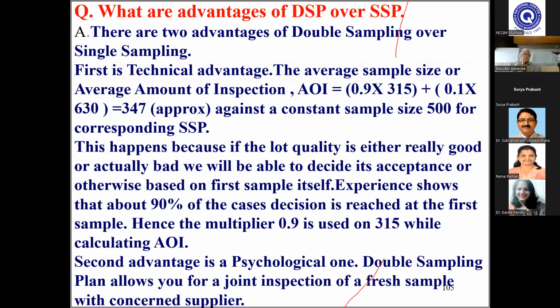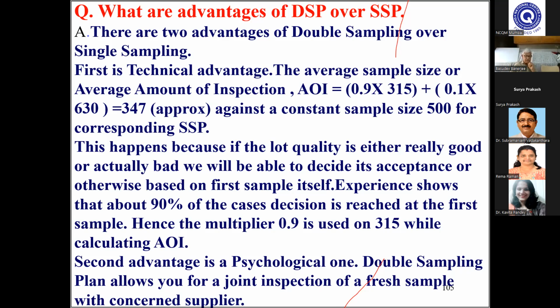The average sample size or average amount of inspection, AOI, is 0.9 x 315 plus 0.1 x 630, because 90% of the cases you'll be accepting in the first sample itself, and 10% of the cases will be going up to the cumulative 630. So it is equal to 347 approximately, against a constant sample size of 500 for the corresponding single sampling plan. Have you seen that advantage?